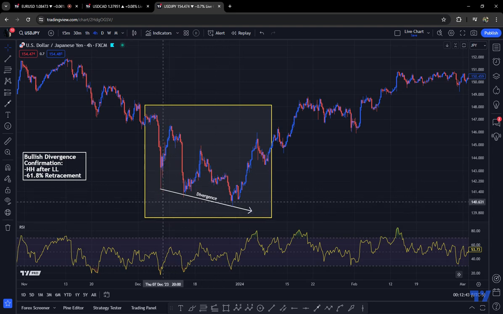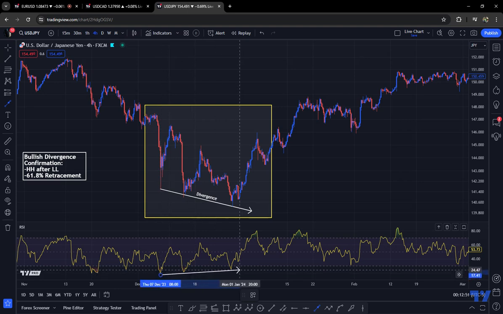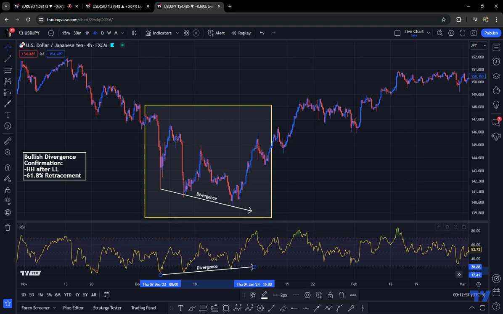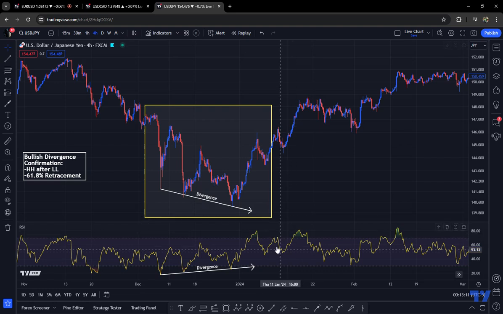If we look down and match those with the lows on the RSI, we in fact are seeing higher lows. So that right there indicates that there is some sort of change or reversal imminent, something coming up, right?